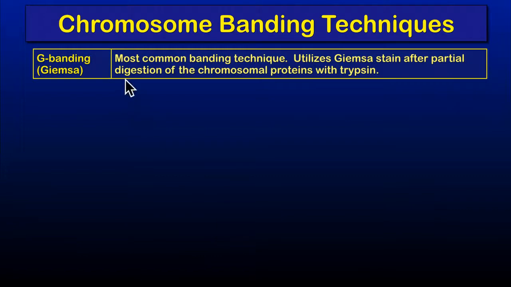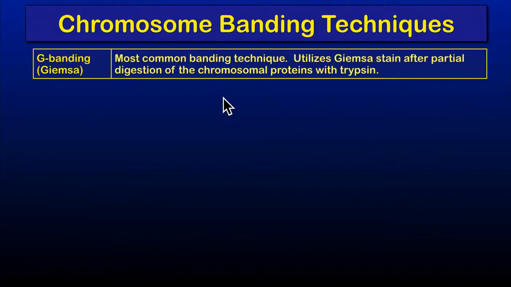First, G banding. The G in G banding stands for Giemsa. Essentially, this is the most common staining technique for chromosomes you're going to see. So the vast majority is G banding. And if you see ideograms, which are basically cartoon representations of chromosomes, they're going to show you G banding. Essentially in this technique, we use Giemsa stain, and we also do a partial digestion of the chromosome with an enzyme called trypsin.